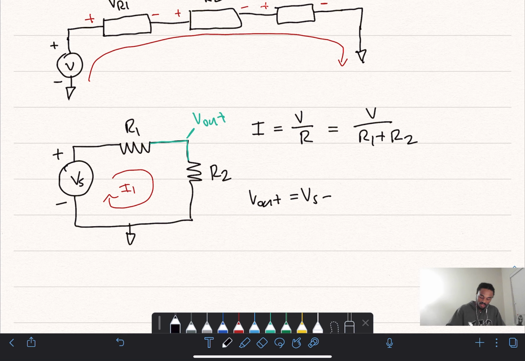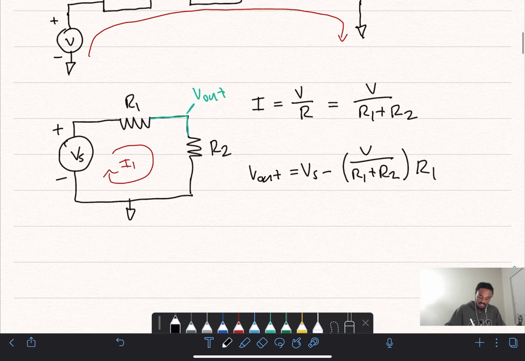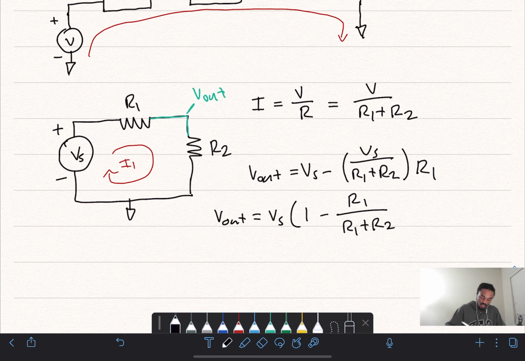So we can rewrite our I from up here as Vs over R1 plus R2. This term is our current, and this is our resistance R1, so voltage minus voltage. Then we can rearrange this a little bit. Sorry, this is also Vs. V out equals Vs times, pulling the Vs out completely, 1 minus R1 over R1 plus R2.